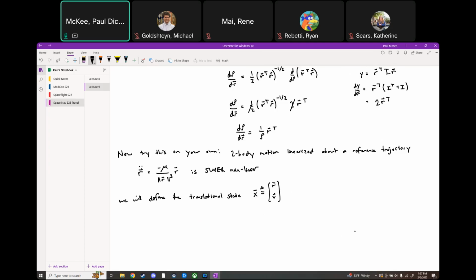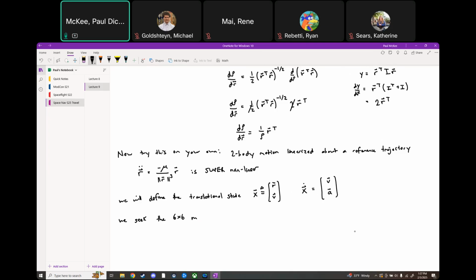So this is r, v. Then the derivative of the state is going to be velocity, acceleration. Or you can think of it as r dot and r double dot if you prefer. We seek the 6x6 matrix.